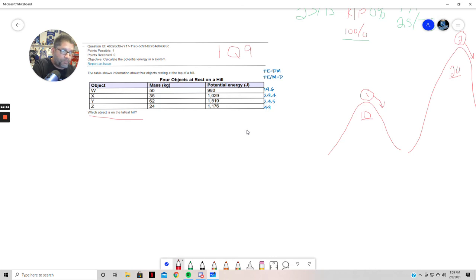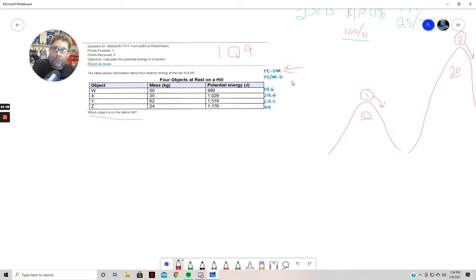We want to know the height of the hill, or the distance the object is going to travel down the hill. So the traditional formula is right here: potential energy equals distance traveled times the mass.